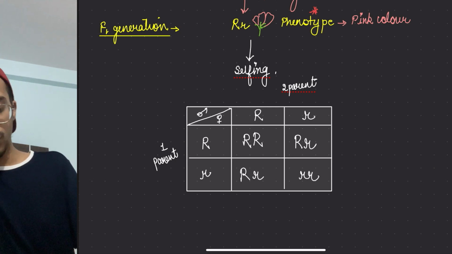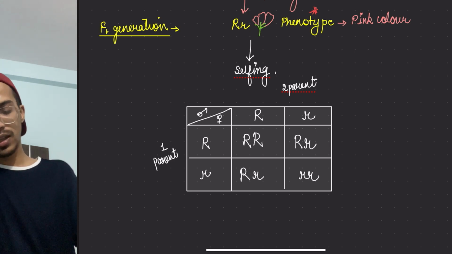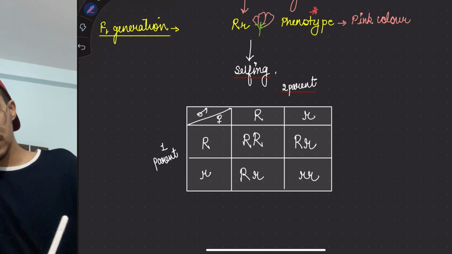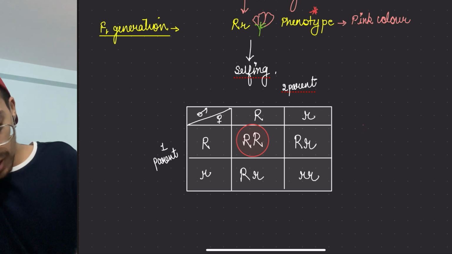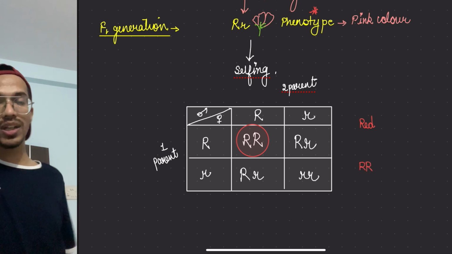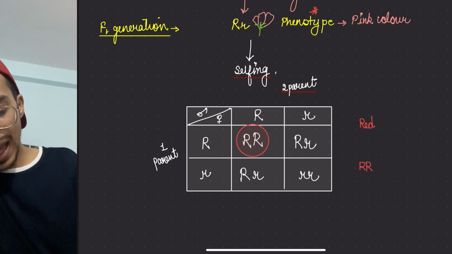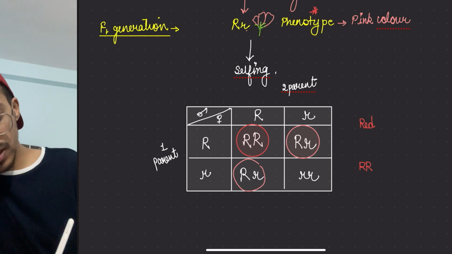So if you see over here, what is happening? This capital R, this will represent what? It will represent a red flower. So we have a red color flower with genotype this. Then we have what? This flower will appear pink, because this is pink. This is also pink.